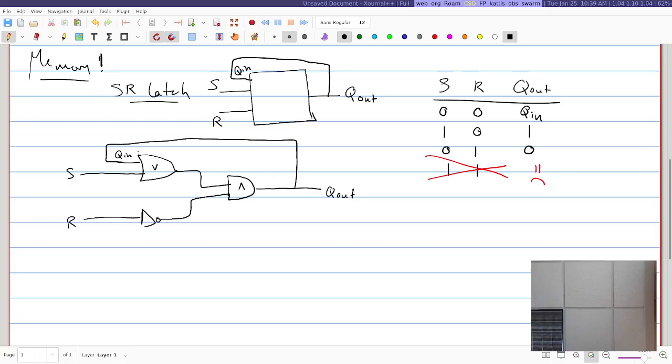Okay. So let's say that S and R are both 0. When R is 0, this is a not, so it turns into a 1 here. And so now we have a 1 going into this AND.